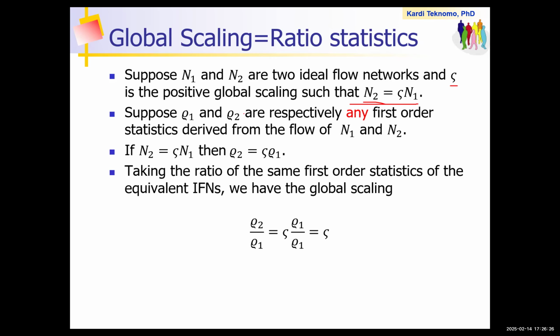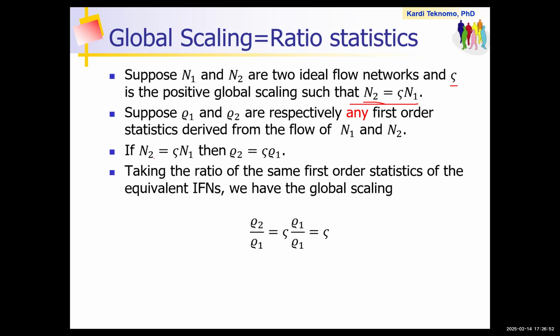They are any first order statistic. Do you understand the meaning of first order statistic? That means you get the statistic from the data, for example the sum, the standard deviation, the mean, from this flow, respectively N1 and N2.